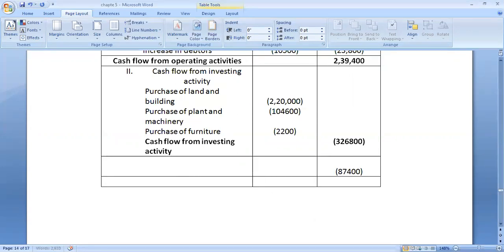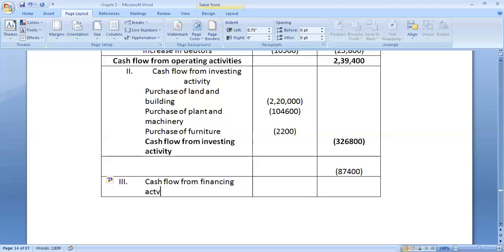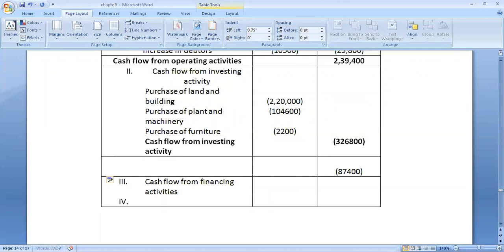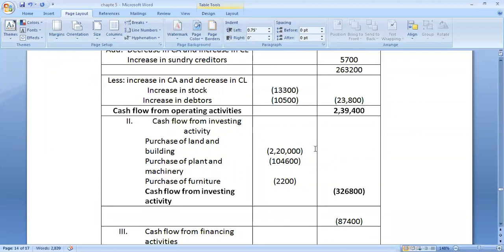Now record the third information, that is cash flow from financing activities. Okay, so which are the financing activity? All the information pertaining to that. And one more thing, look at this very carefully.